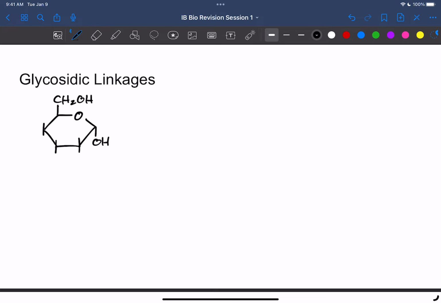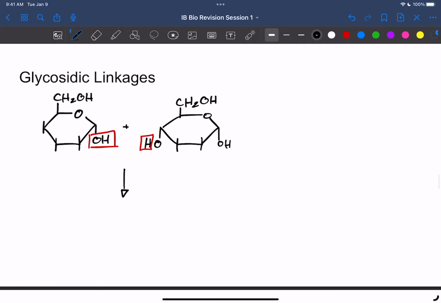I'm going to leave these out for simplicity. When we react these two together, this looks like a condensation reaction. Take this OH, take this other one, or the other way around, and we get something like this.